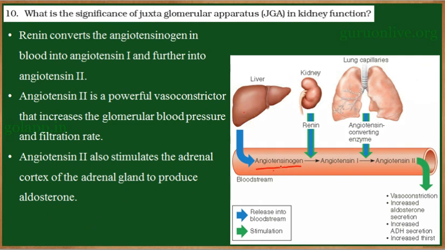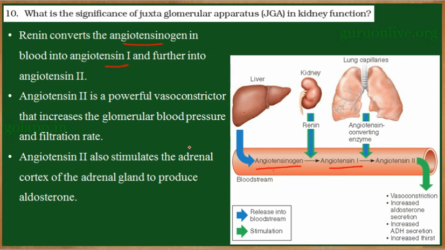When this reaches the kidney, the renin released into the blood vessels by the juxtaglomerular apparatus converts the inactive angiotensinogen into the active form, angiotensin 1.